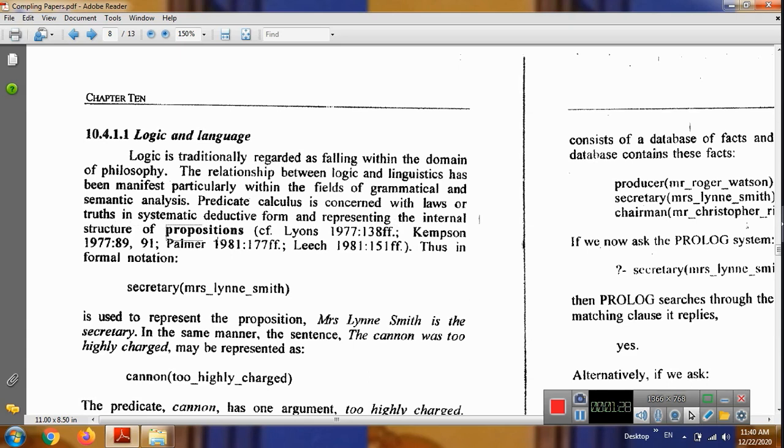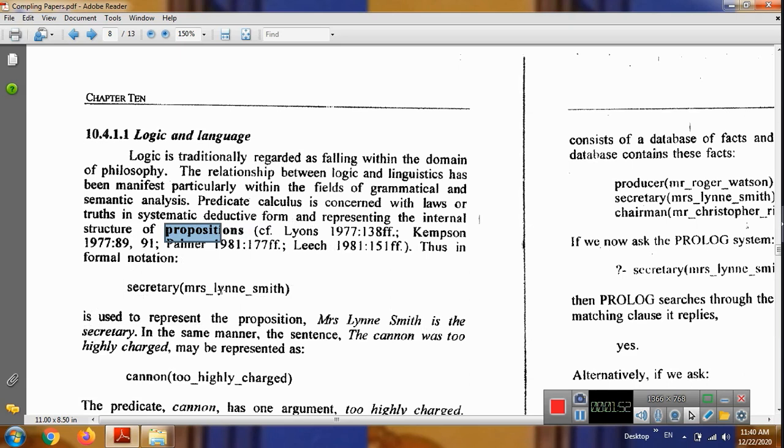A proposition is a kind of sentence, and a proposition is the raw form of each sentence. For example, one example of a proposition is Mrs. Lion Smith is the secretary.